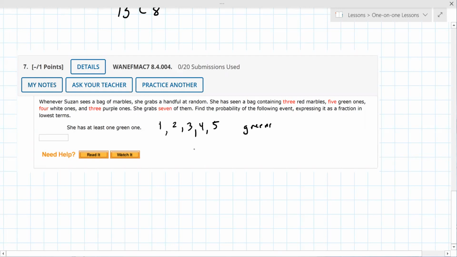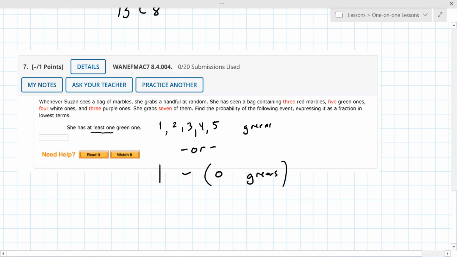Or what we can do is 1 minus 0 greens, because 0 greens is the exception here, the one that's missing, 1, 2, 3, 4, 5 included, and the 1 minus gives us the other ones, because the total adds up to 1. So when you see at least 1, you generally do this 1 minus thing here. So at least 1 includes all of these, but it would take a long time to do all of them, so we're going to do 0 greens.